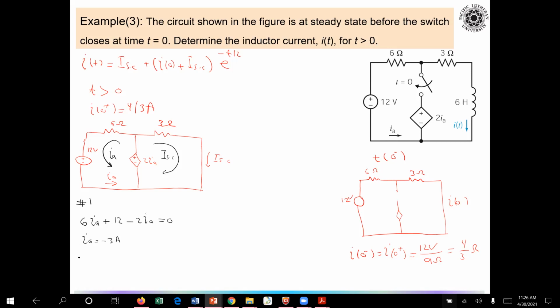Question with that? How do you know IA goes through the 6 ohm resistor? Oh, here is the thing. IA is supposed to be the current in this one, right? That's already shown in the circuit. So that's the current that comes from that way with the series. There is no node that lets the IA divide into more than one branch.